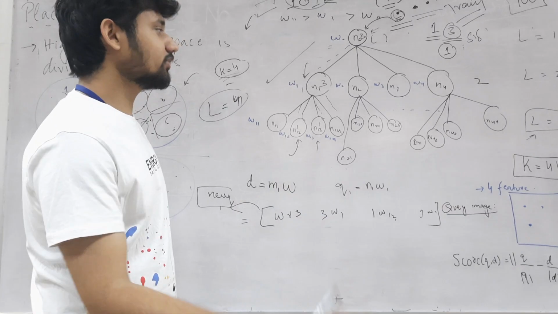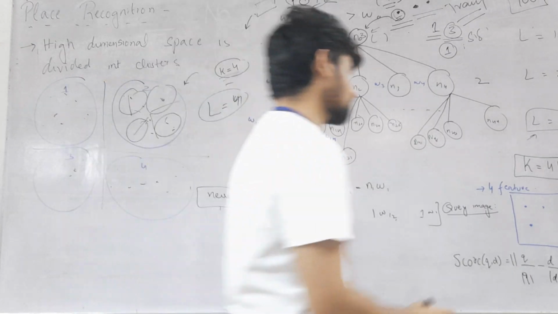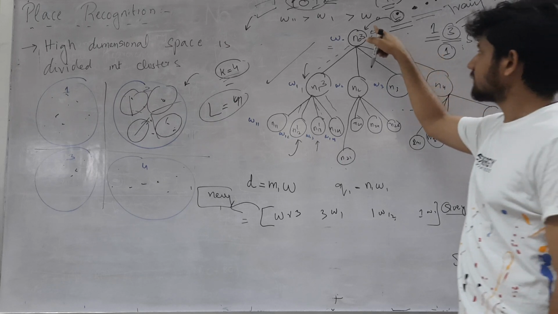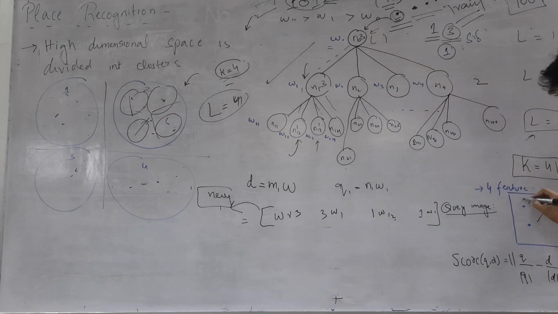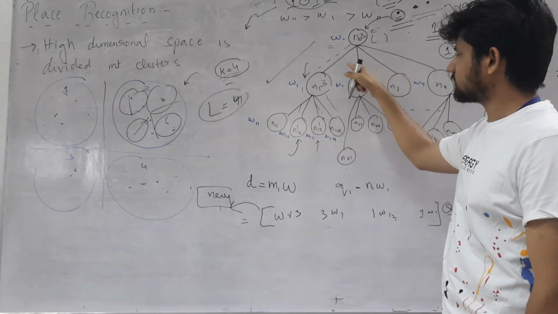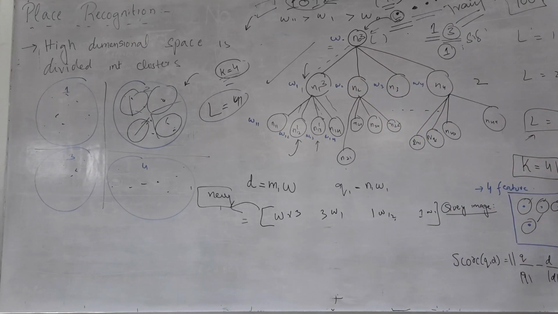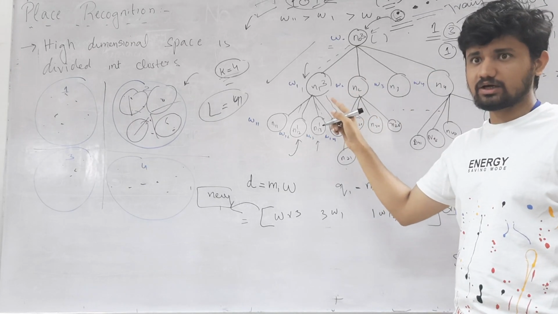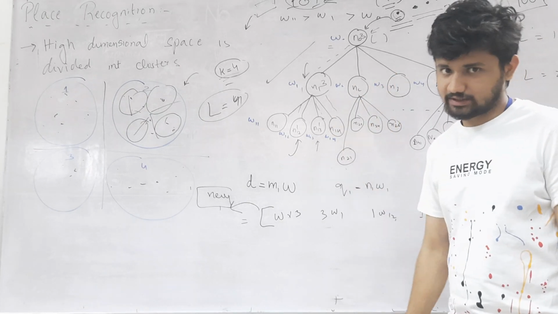Now you have the new image. You will do the same thing. For example, this is your new image. First, you will extract features. For example, you extracted 4 features. Then you will see which path each descriptor will take, and then you will compare the path taken by the descriptors in the new image with the path taken by the images in the dataset.